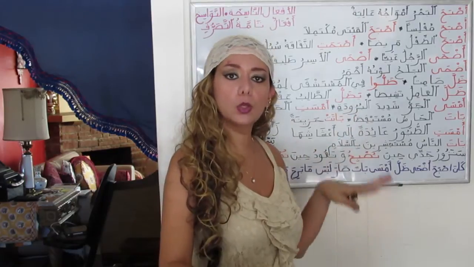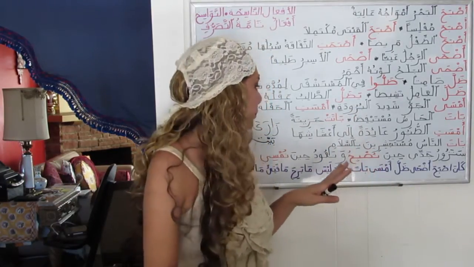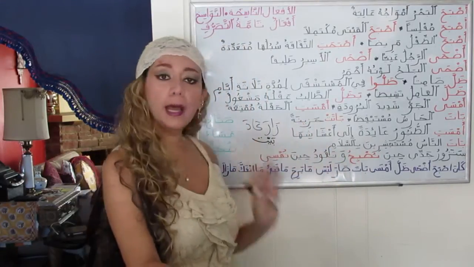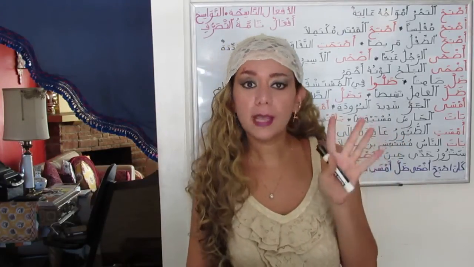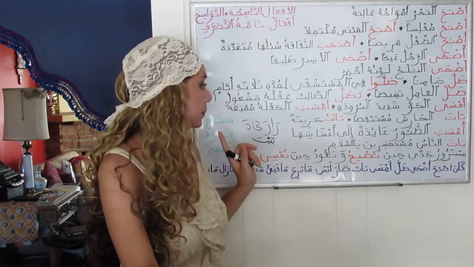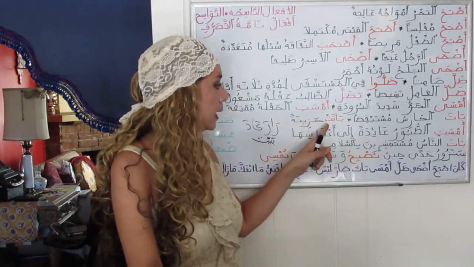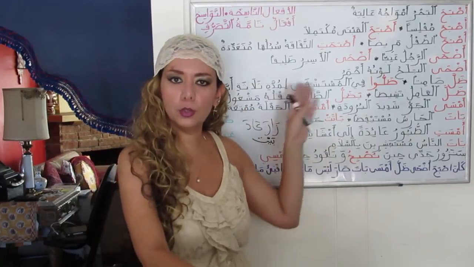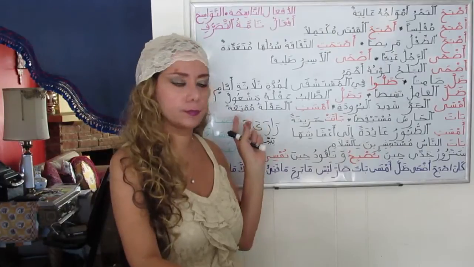So he remained awake or he stayed awake at night. باتت حزينة means she became sad, but when? At night. Alright? باتت حزينة. Here, the noun of bata is implicit in the conjugation. We are referring to her. باتت.